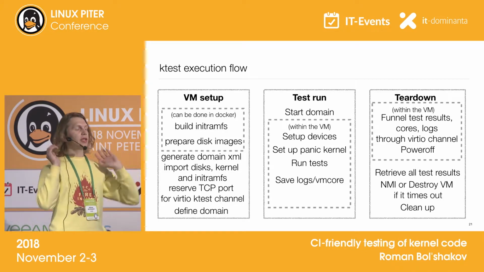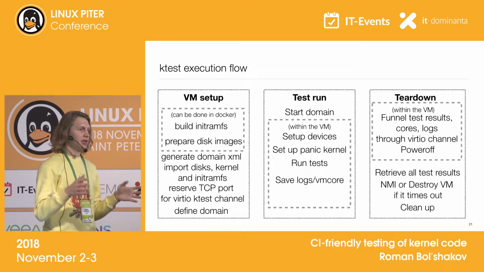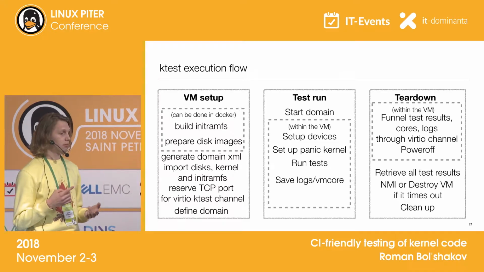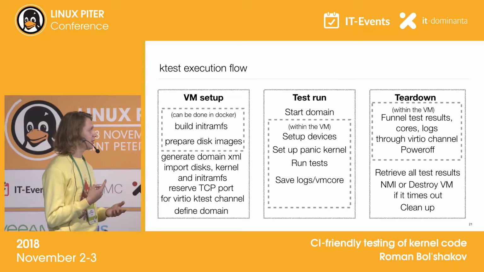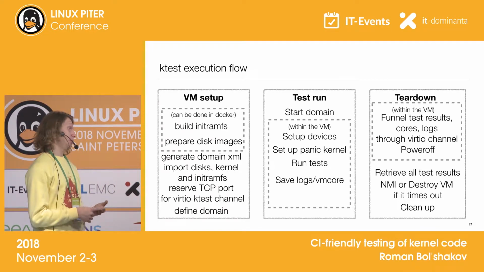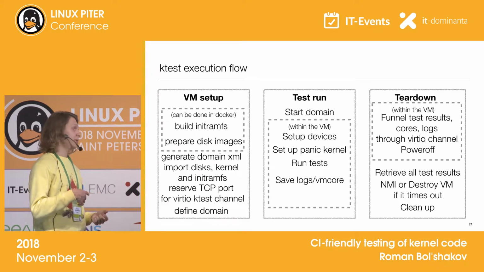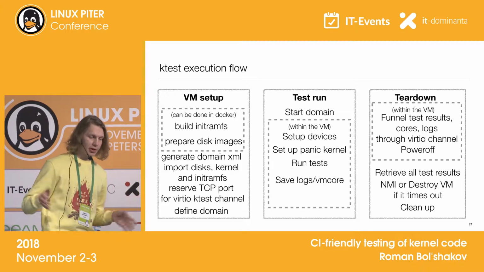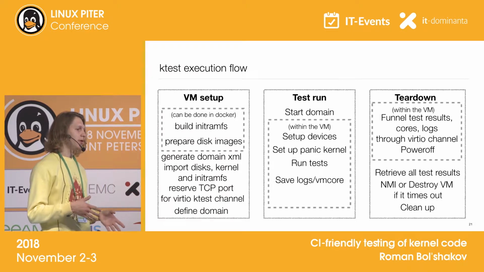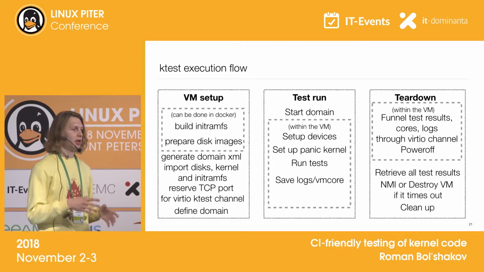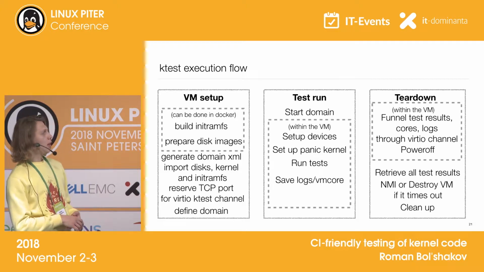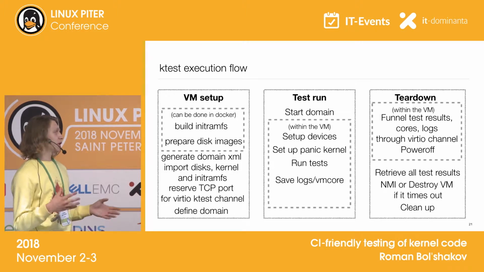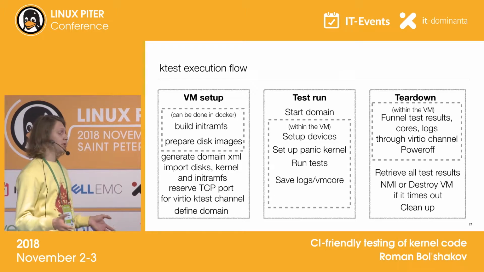The overall process of using this test could be split into two quite transparent phases. First of all, it's the setting up of the virtual machine, then we create a portal for the channel of the feedback. We launch it, funnel test results, and inside this VM the system test is developed, and through the virtual channel we set up the kernel and run the test.